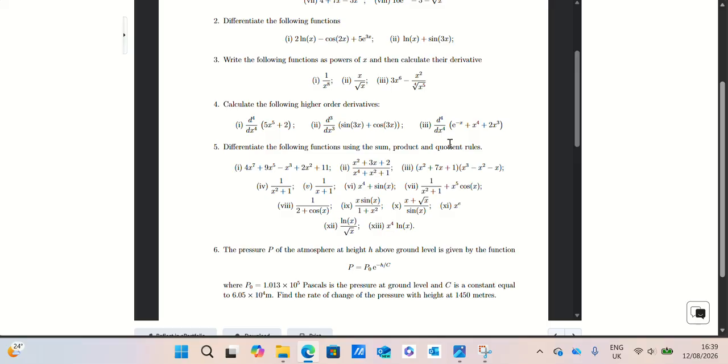That means I have to differentiate this 4 times. So, e to the power of negative x plus x to the power of 4 plus 2x cubed. Okay.